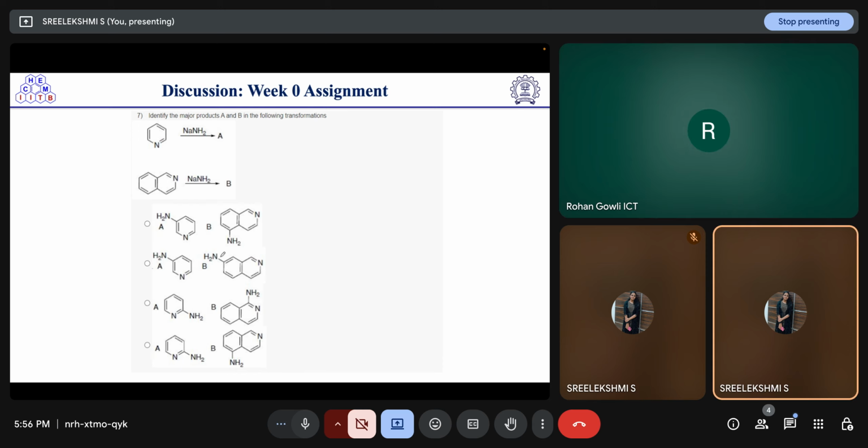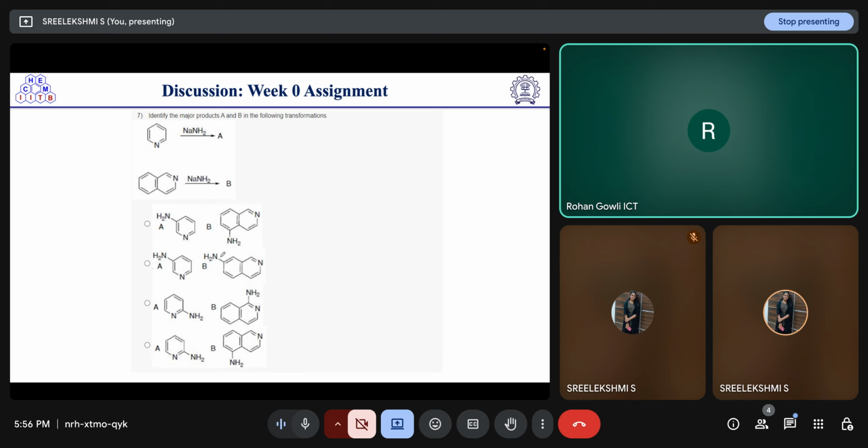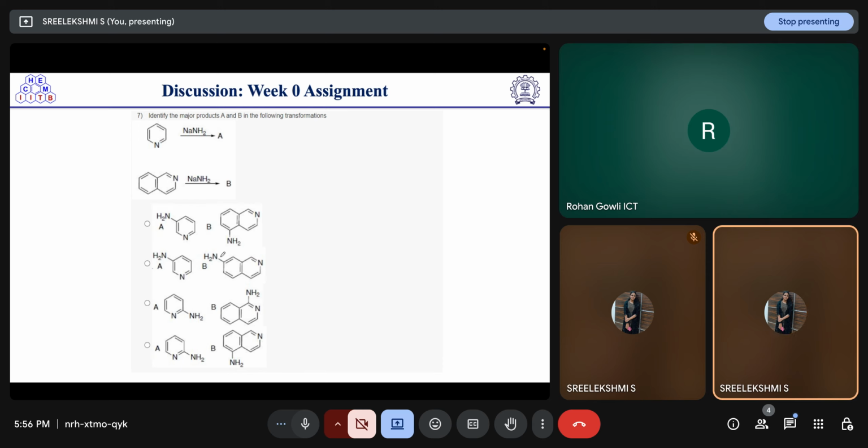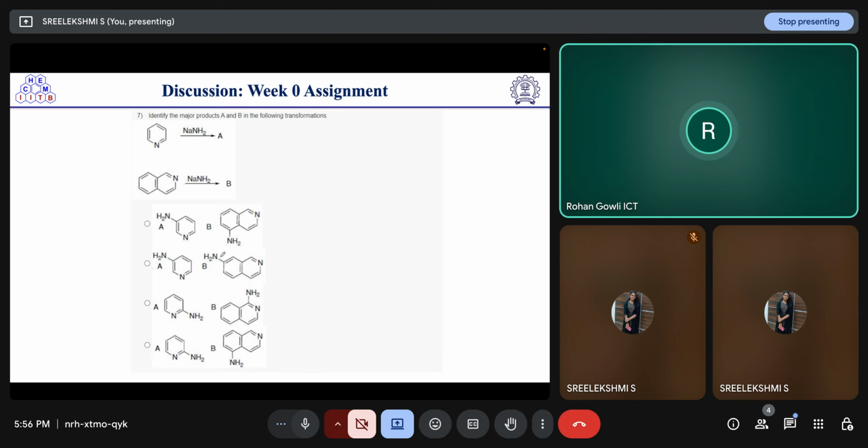Yeah, and the other one? I guess same. Yes, but why? I don't know the mechanism, but I have done this reaction. That's why I remember this is where it forms.